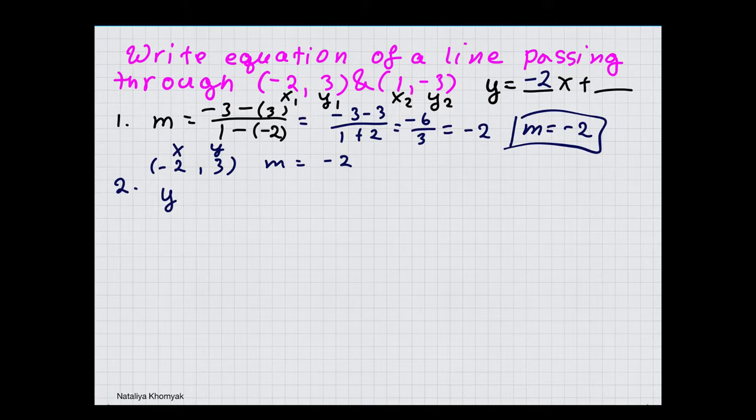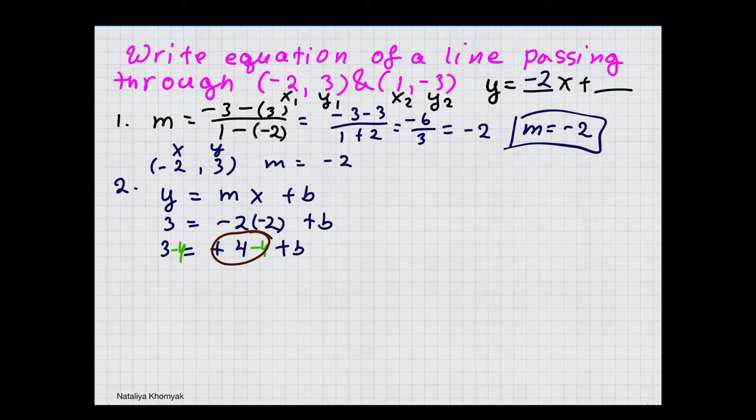I'm going to plug it into y equals mx plus b, so y is 3 equals m is -2, x is -2 plus b, so we have 3 equals negative times negative, positive 4 plus b. Minus 4, this is a 0, so b equals 3 minus 4, the difference will be 1, and we have more negatives, so it's a -1.